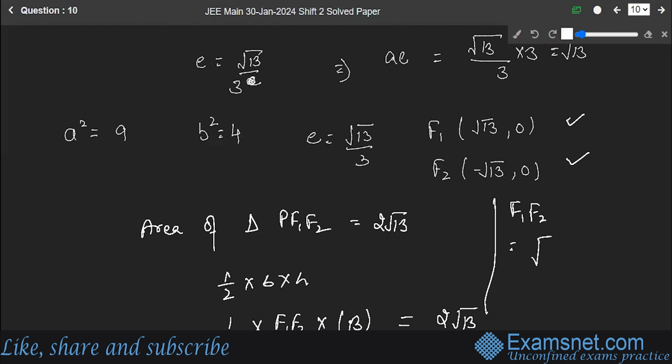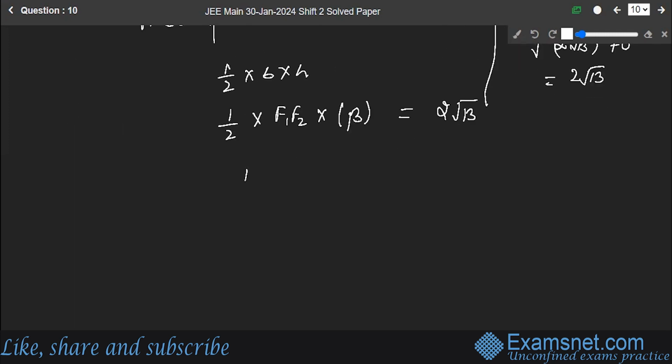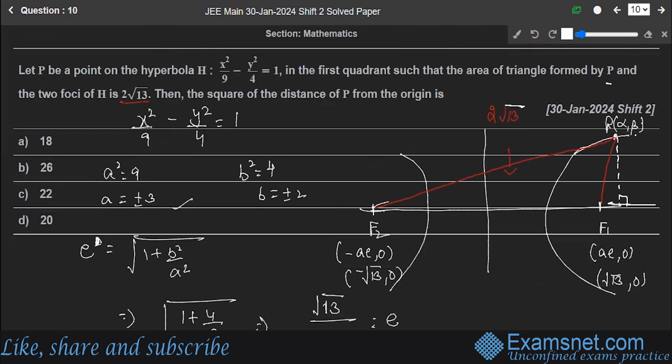F1F2 is given by root of (2 root 13) whole square plus 0. This will be 2 root 13 only. So half into 2 root 13 into beta is equal to 2 root 13. This gives me beta as 2. So I got the value for beta.